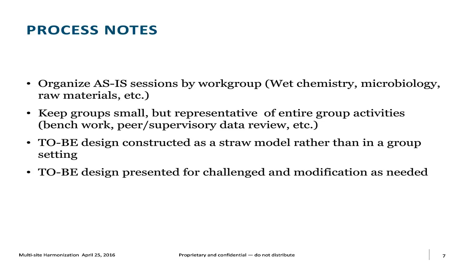So from a process note standpoint here, what we look at in organizing the as-is sessions is we try to organize by work groups. When we say work groups, it could be wet chemistry, microbiology, dissolution, incoming or raw materials testing, in-process testing, final release, QA, QC. All of these things are fair game for the different groups.